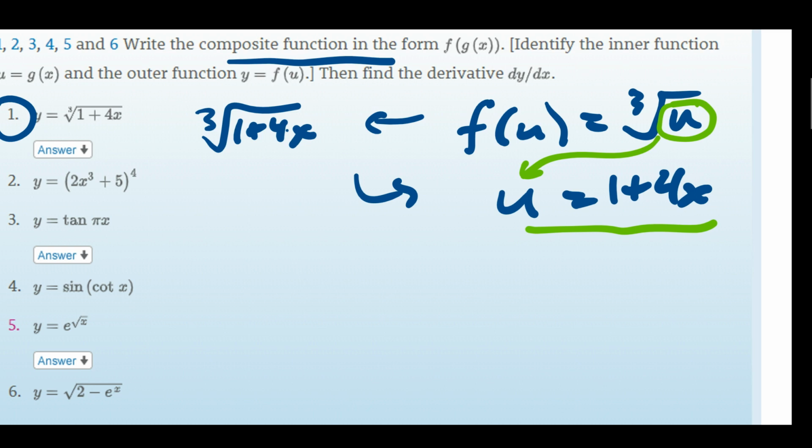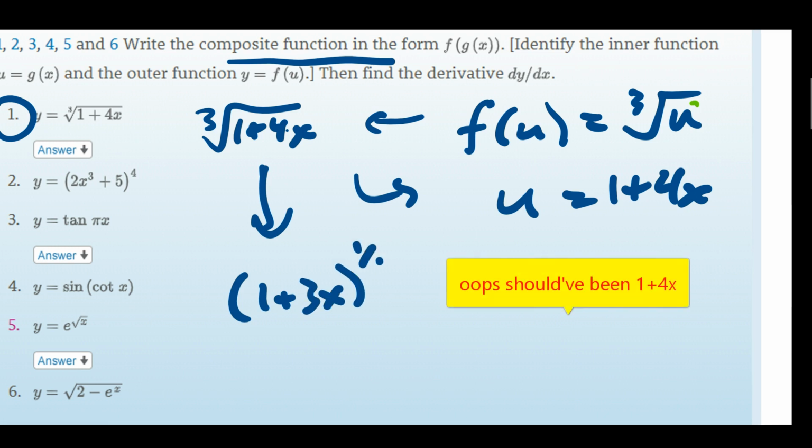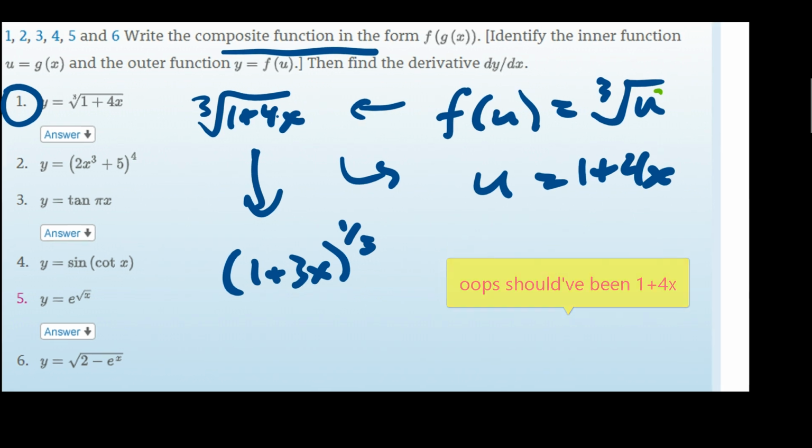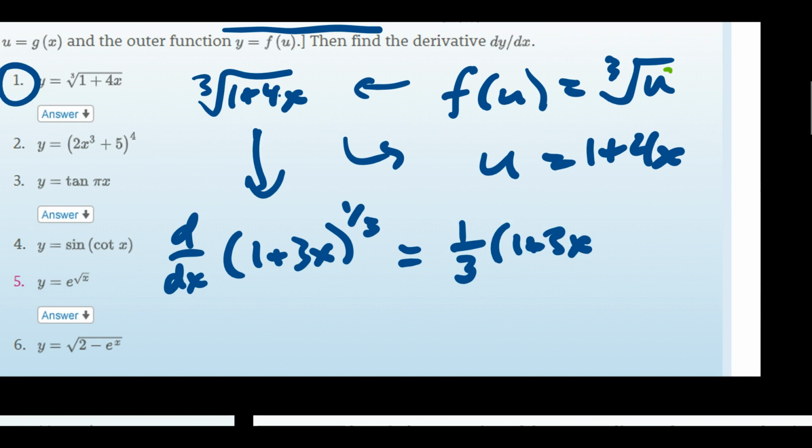All right, so now that we've identified both those two functions, we can take the derivative. So the derivative of this, let's write it as a power to the 1/3 power. Now we're going to take the derivative with respect to x. So the derivative of the outside is 1/3 times 1 plus 3x to the 1/3 minus 1, which is negative 2/3.